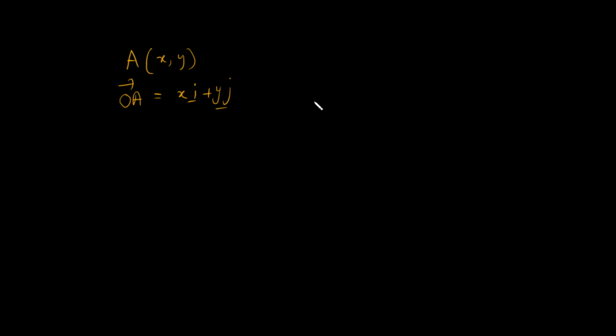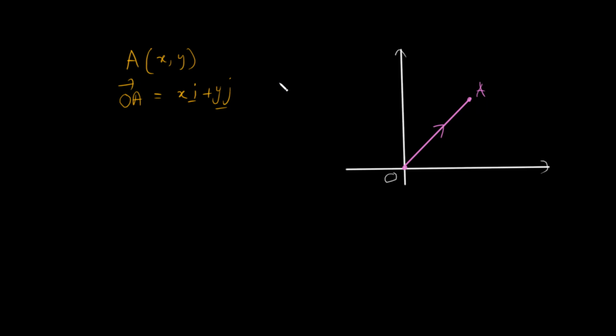So what it means is, if we have this, starting from the origin, it will go x units towards east, so this is east, and y units towards j, so basically it is going to end up here, and that is going to be the position vector OA. So whenever we have a point, we can represent this as a position vector.